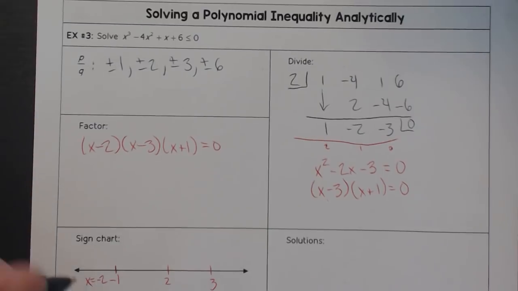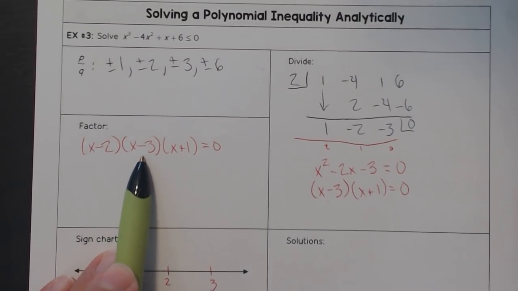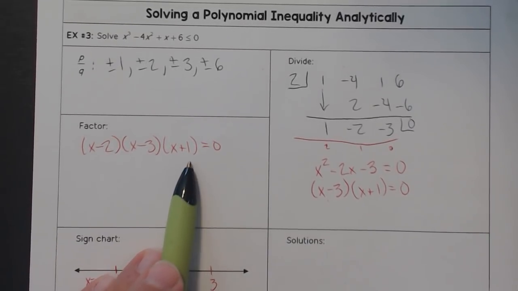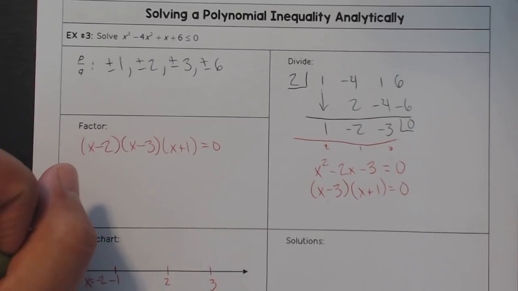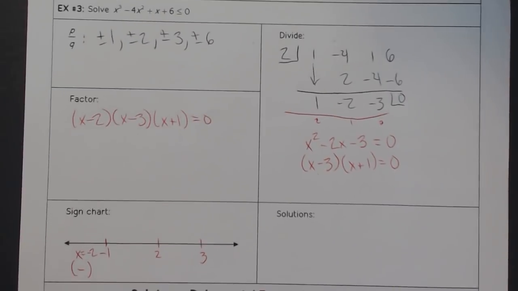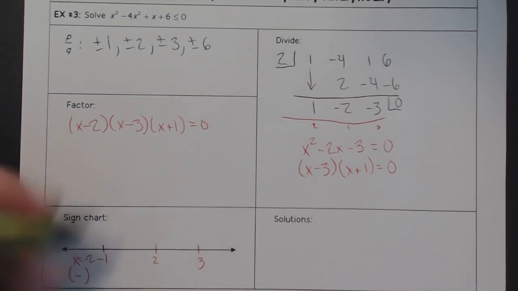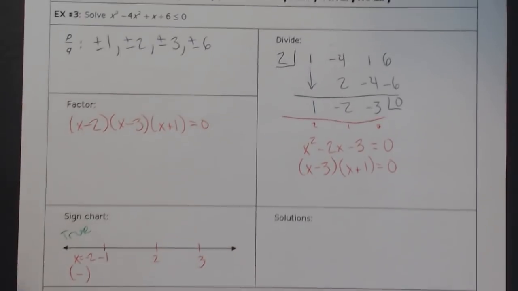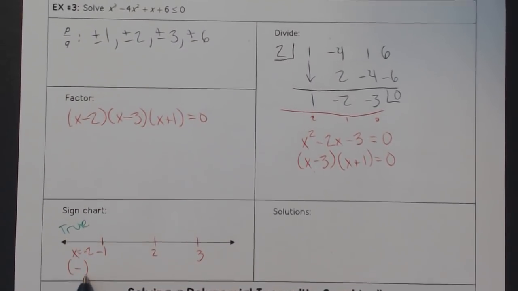Well, that's negative. -2 minus 3, that's also negative. So a negative and negative give me a positive. Then I put in -2 plus 1. That's still negative. So I get a negative out of all this. And a negative means that it's less than 0. So I get a true statement here.